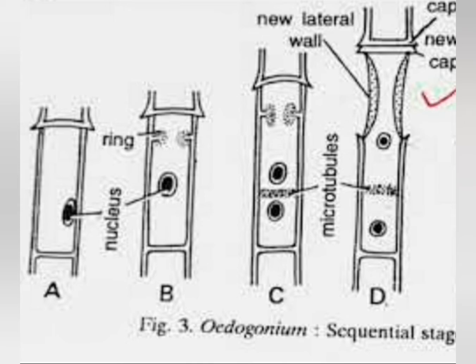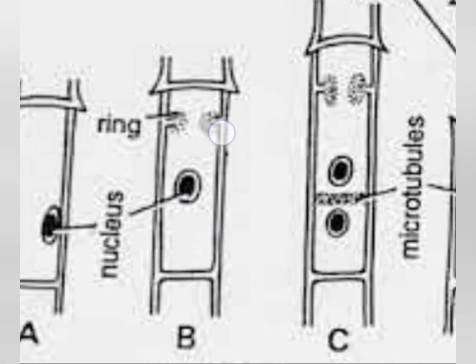In the second step, ring-like thickenings, take a look at these rings, will develop towards the upper part of the cell.